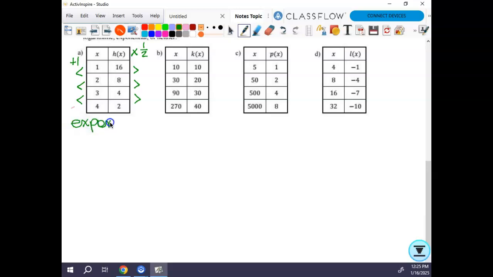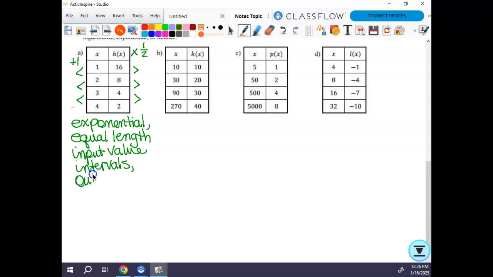So exponential, and here is our explanation. We have equal length or width input value intervals, okay, so that's the first part of that.